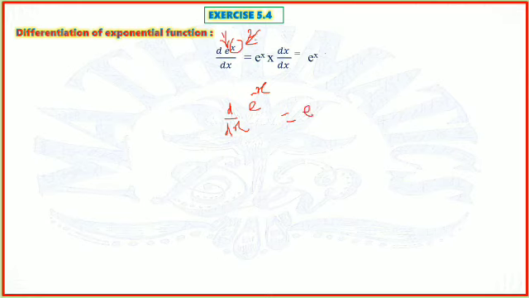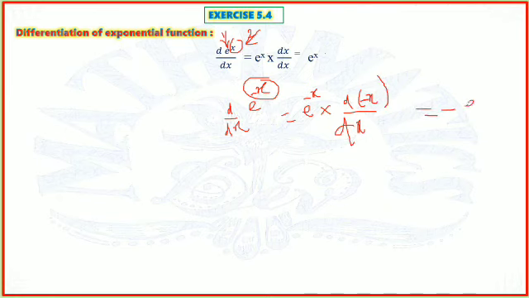As I told you, e to the power x, e to the power Gujarat, e to the power whatever it is, India, it will be equal to e to the power India as it is. Then we will go for the differentiation of the power. So e to the power minus x as it is, and then the differentiation of the power, d over dx of minus x. So this minus will remain there.